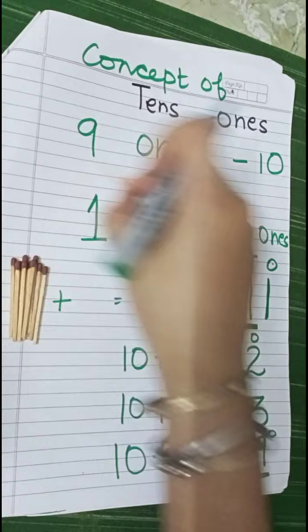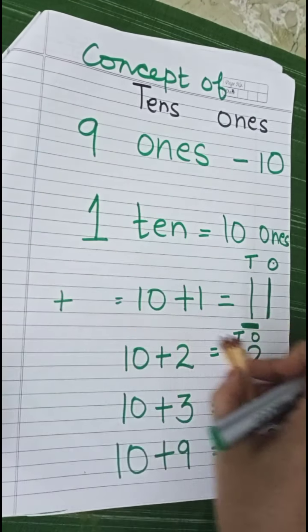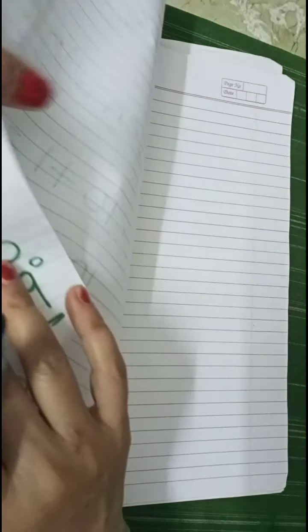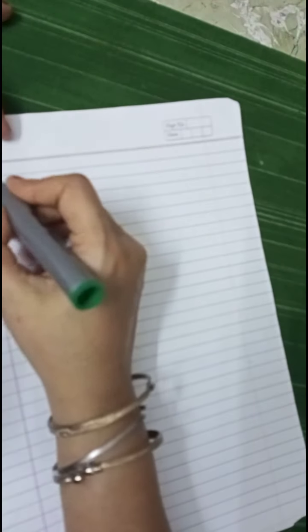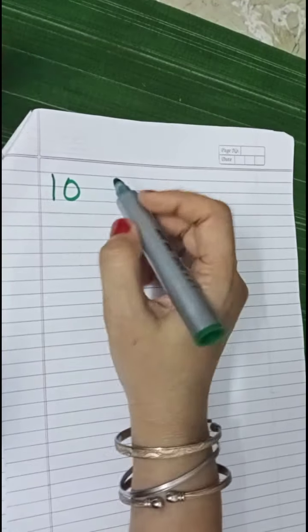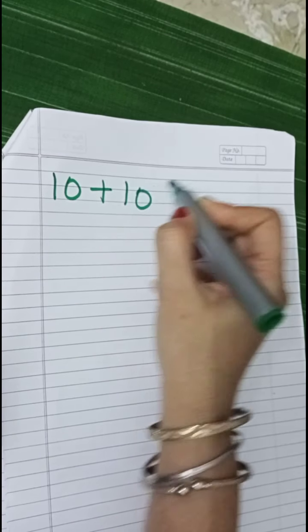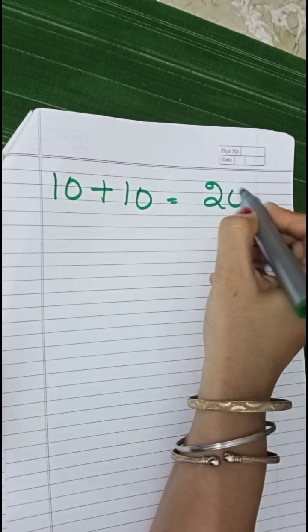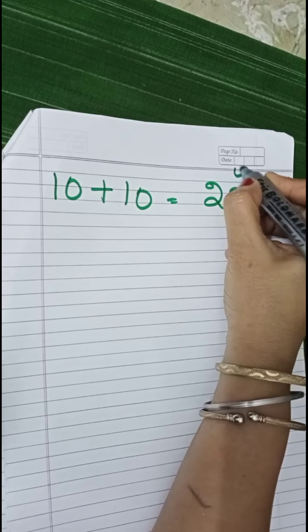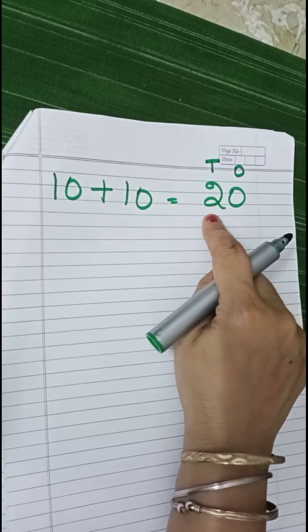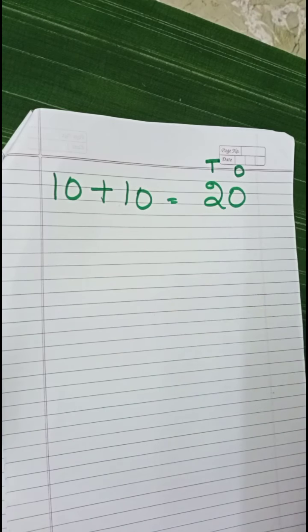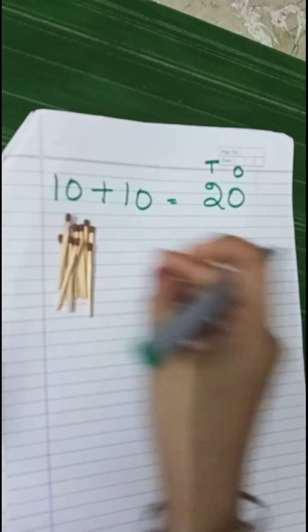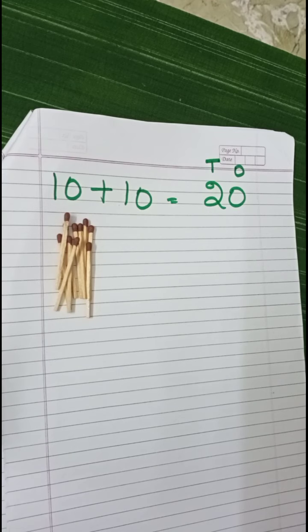Yes or no? So I have made 2 bunches, 2 sets of 10s. So 10 plus 10 is equal to 20. 20 means, if we place ones and tens, 2 tens and 0 ones. So 20 means 2 tens plus 0 ones.